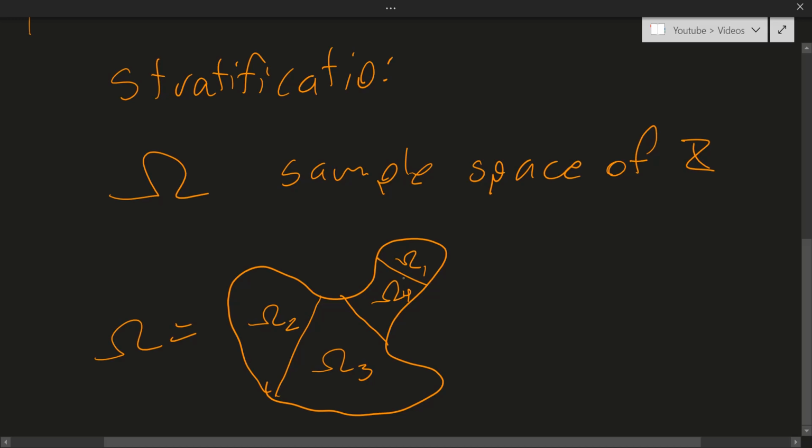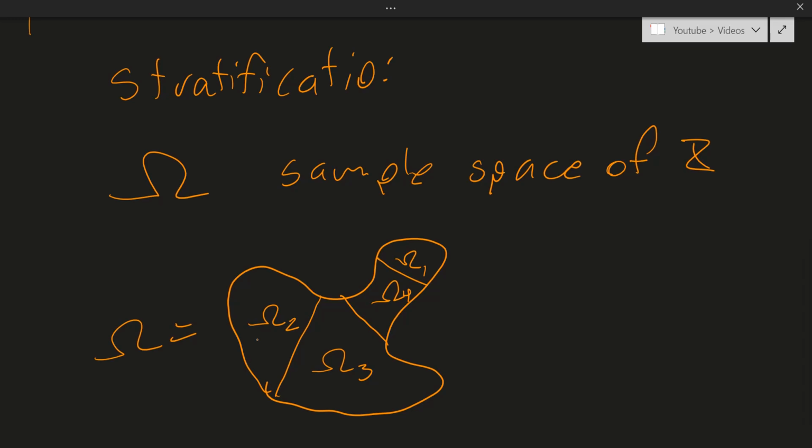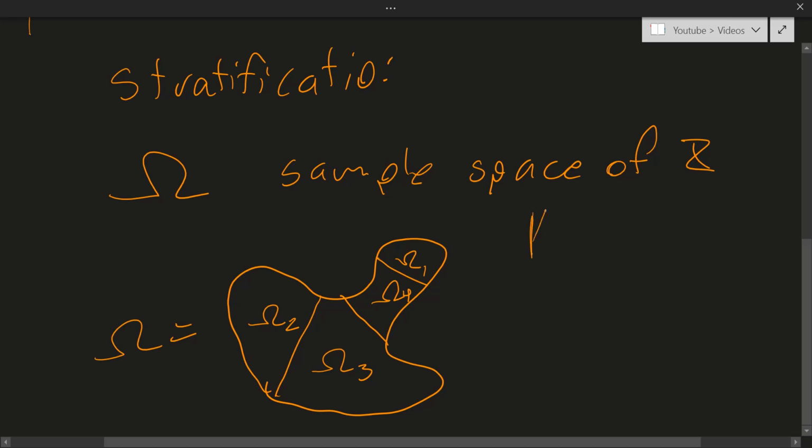So in this case, I split the sample space into 4 parts. And as you can see, these parts are not necessarily of equal size. And generally, if we say we split it up into K parts, then we call these parts strata.